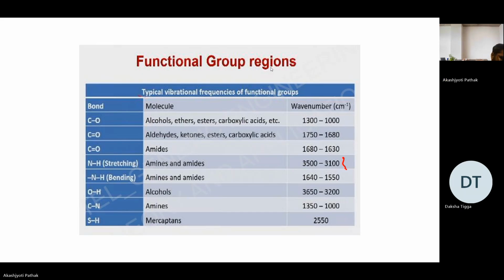You can see here that each functional group has a typical vibrational frequency. And when this particular vibrational frequency is applied, it will excite that molecule, and it will show transitions to higher vibrational energy levels.